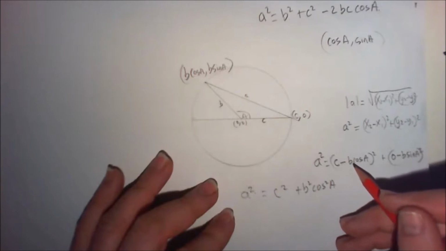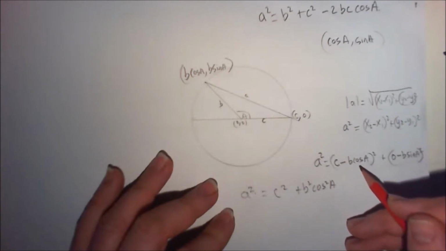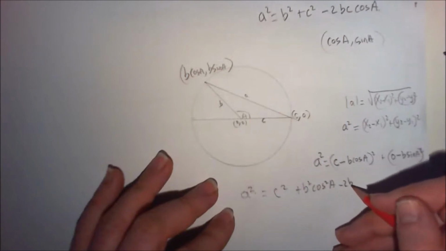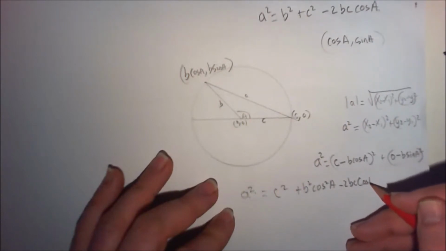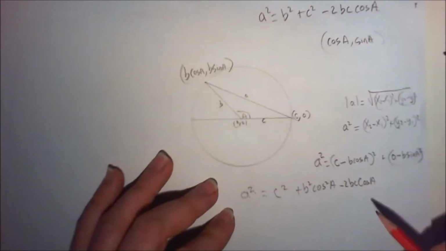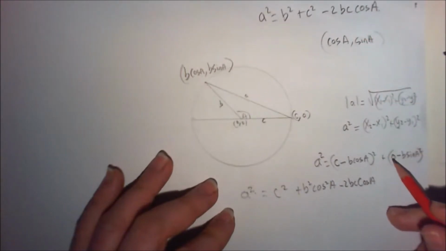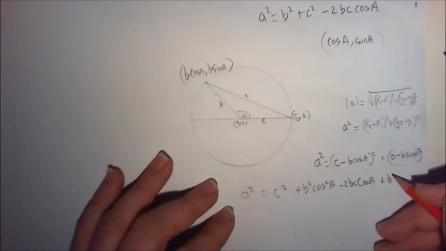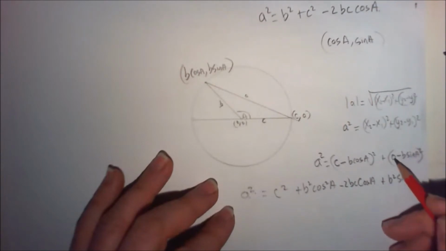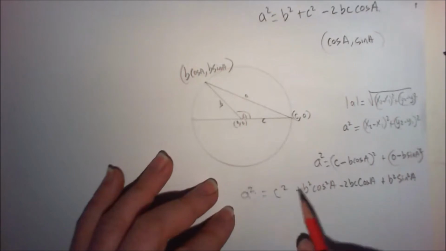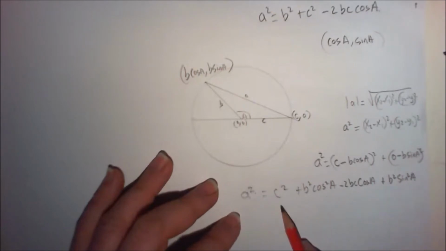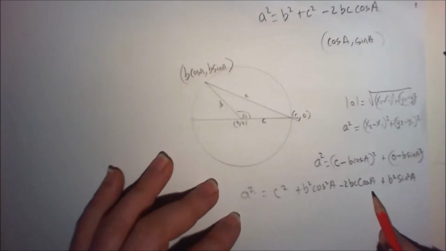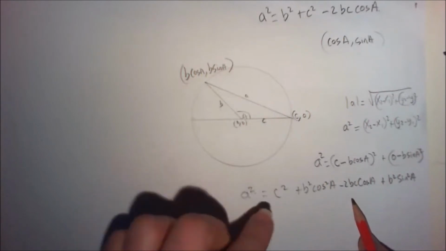Minus 2BC cos A. We're close, but we have this thing here. The great thing is, square the left is 0. Square the right is the only thing you have to worry about. Plus B squared sine squared A. Because multiply them together and double it becomes 0 as well. I have a lot of the things that I need.